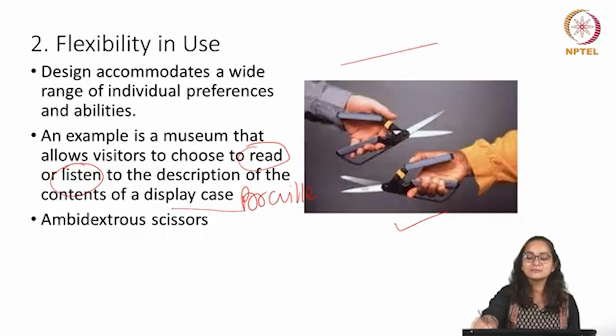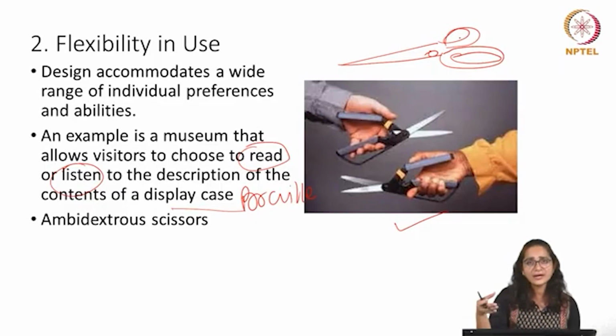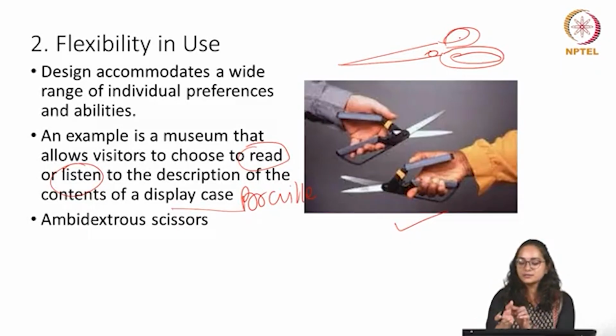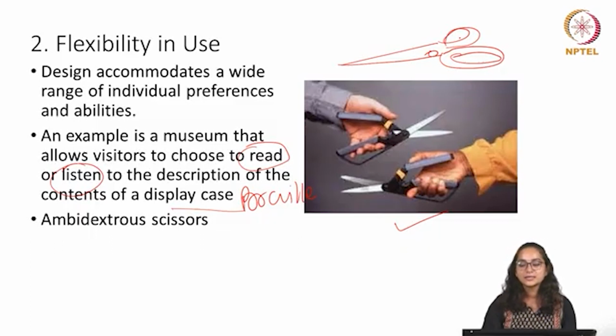The standard big scissors where you have one small hole and one big hole, this kind of scissors, it is actually very difficult to use, and they also have this slant kind of a design where this portion of your palm kind of fits. So if you try to use it with your left hand, it's not as comfortable, right?